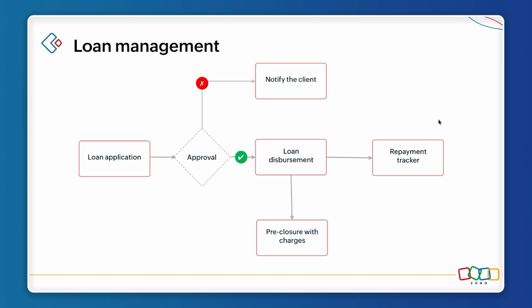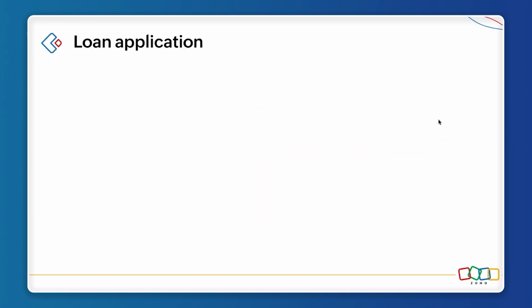Now let's discuss in detail how we are going to manage the loan application and how the repayments are calculated in our application. When I talk about the loan application, we have the client who will be registering with our application. Every time a client registers, we will do a quick AI-based eligibility check.